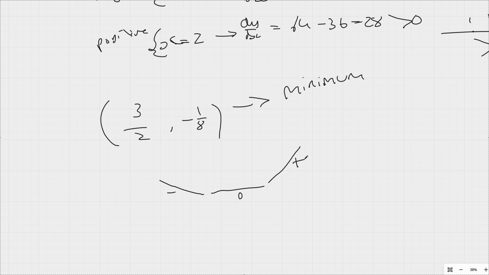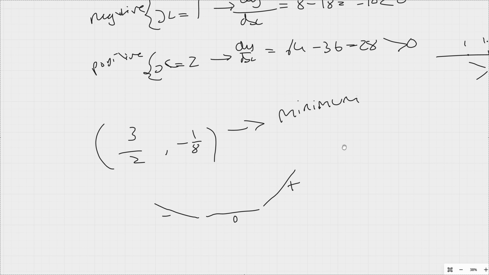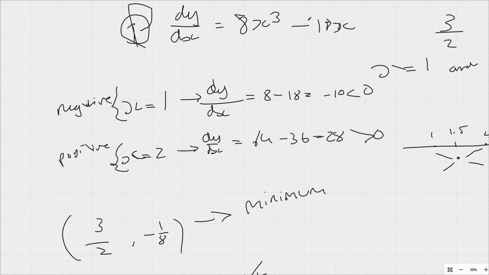You can also check your answer by doing the second derivative. So all you need to do is find the second derivative of this and then see that it's larger than 0, which means it's a minimum.